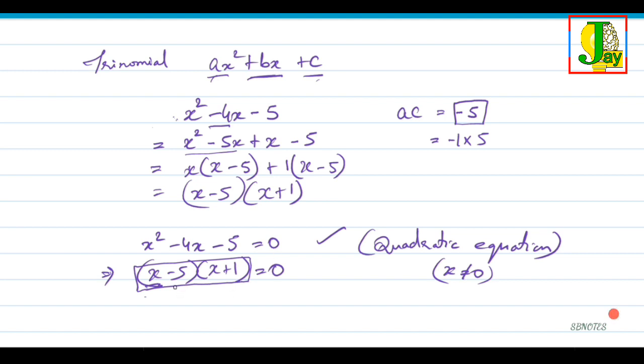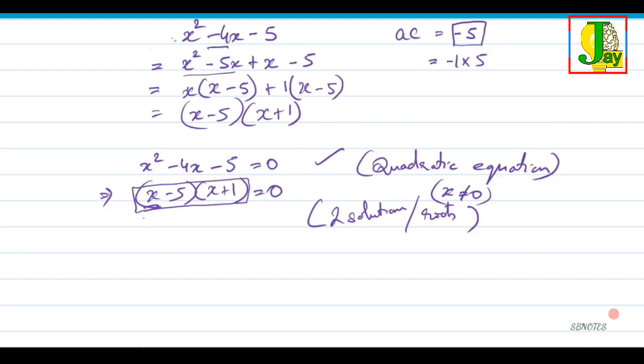Okay, and you will always get two values of x for the given equation. Hence, you will always have two roots or solutions for a given quadratic equation. So you always get two solutions or roots in case of a quadratic equation.